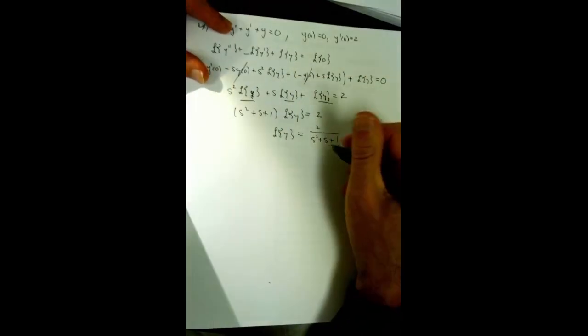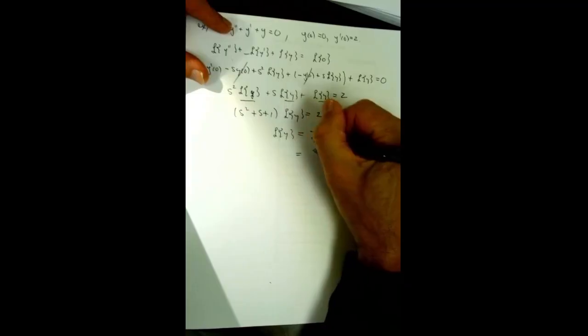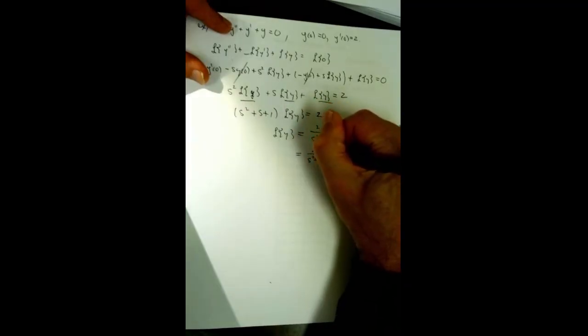So I'm going to try to complete the square. So let's see, I'm going to have s plus a squared is s squared plus 2as plus a squared. That means s equals 2as, so a is a half, and a squared is a fourth, so I'm going to add 1/4 and subtract a fourth from the denominator.